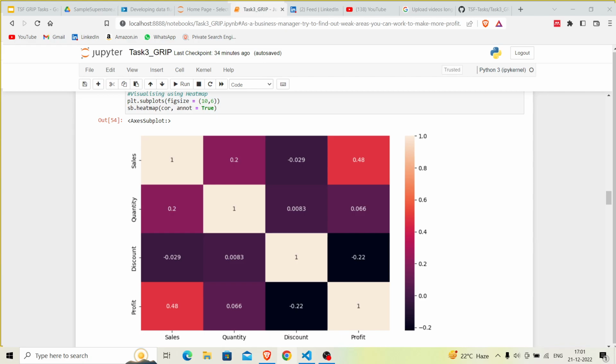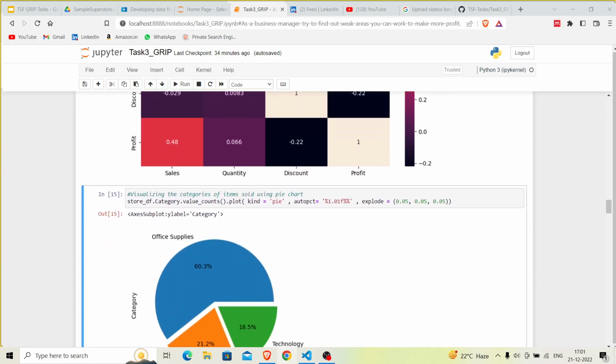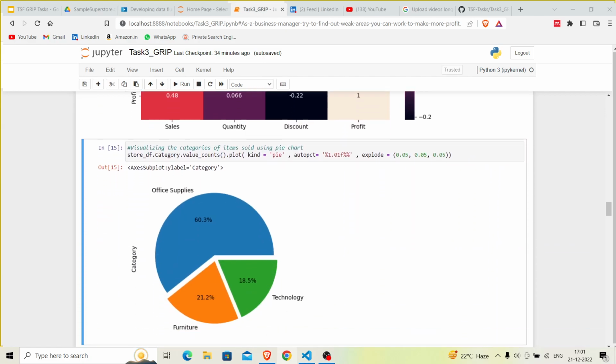And from here what we can see is discount is negatively affecting the profit of the store or for different items. And then I am making a pie chart to see the sales of the different categories of items.